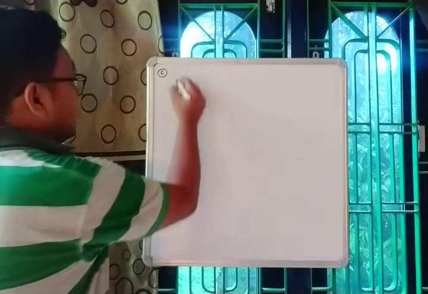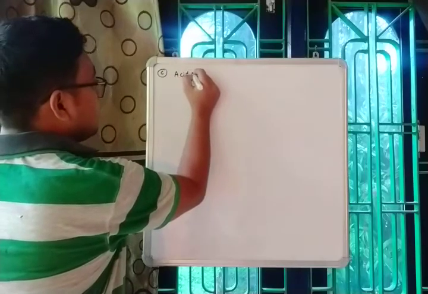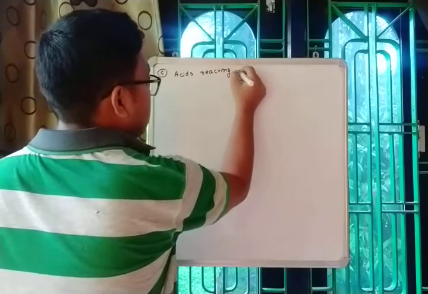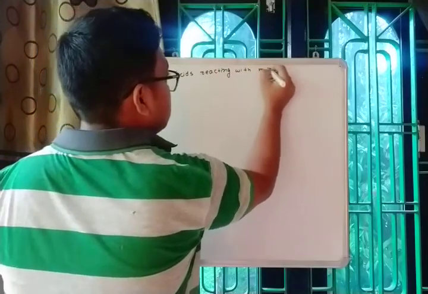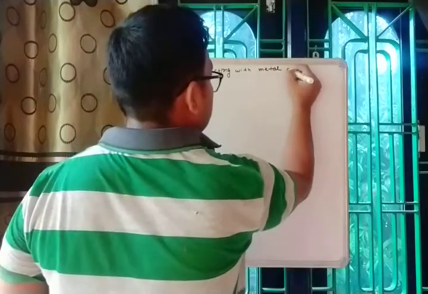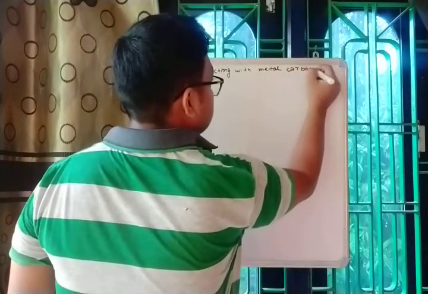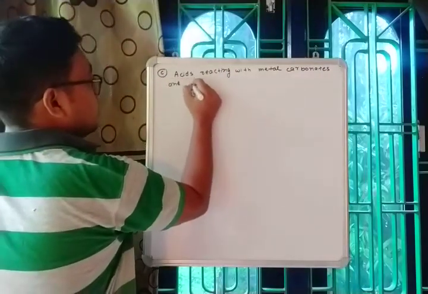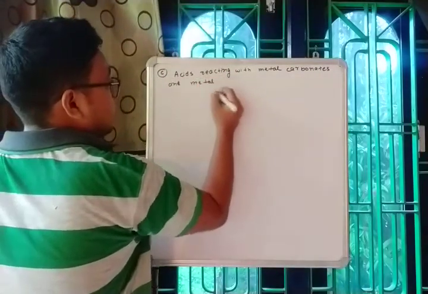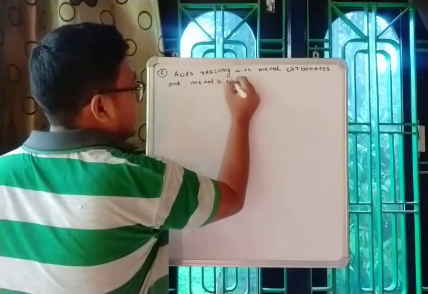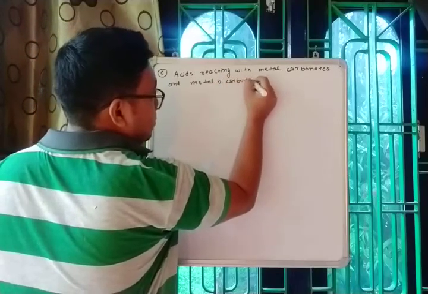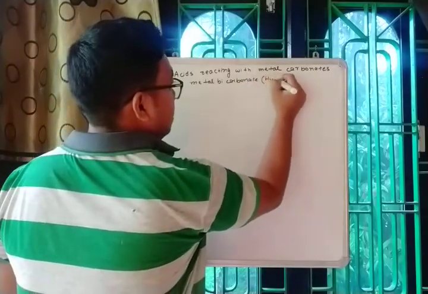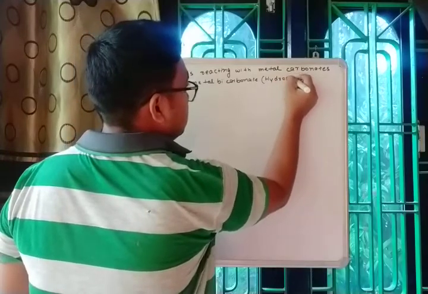So we will be writing acids reacting with metal carbonates and metal bicarbonate. Okay, so metal bicarbonates are also called metal hydrogen carbonates.